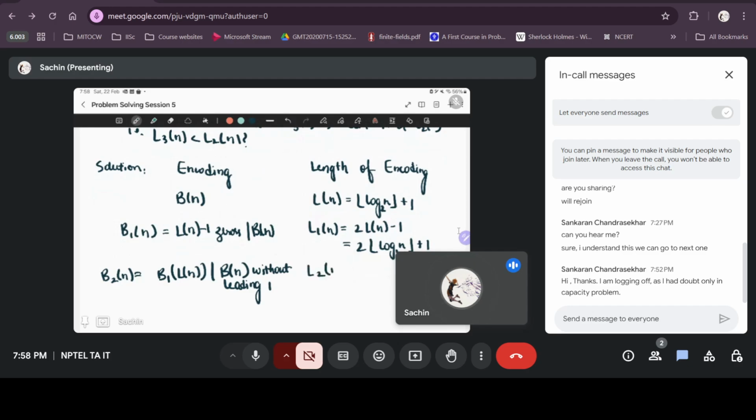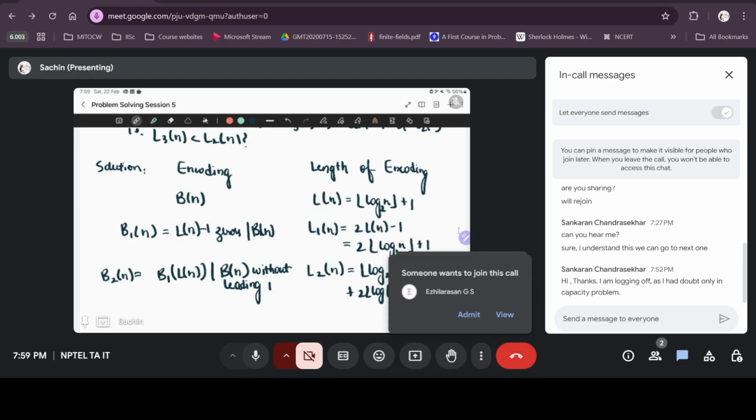Now, if you find the length L2 of n, it's an iterative procedure. You can work it out yourself, and you will be left with floor of log n plus 2 times floor of log n plus 1, plus 1.